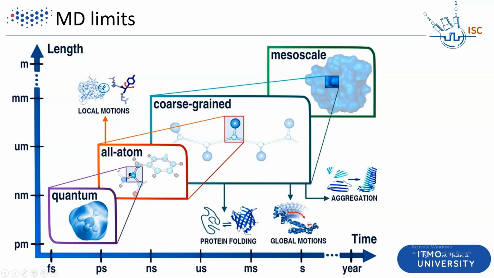Then you try to go from picoseconds to nanoseconds, and here you would also have a relatively small system, but this system is already big enough to be simulated by using classical algorithms.